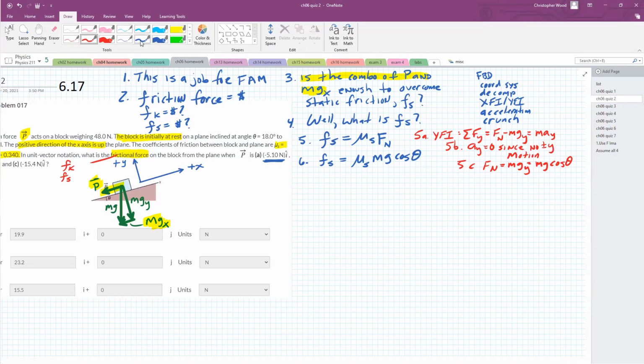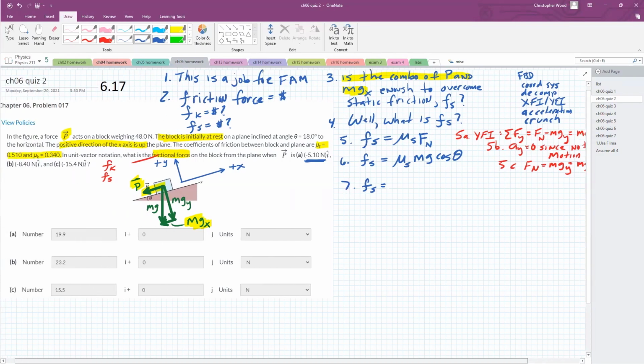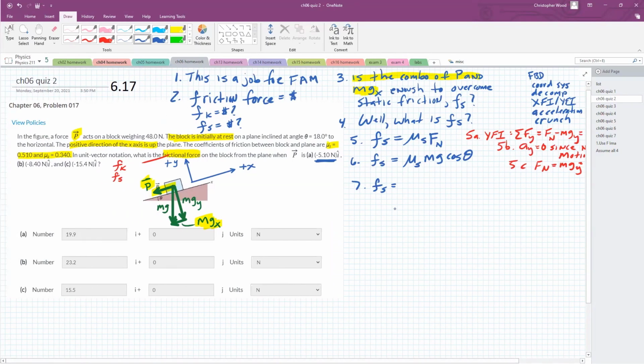So here's how much static friction we can cough up. Ready, set, go. F sub s equals mu subscript s, which is given as 0.510. Mu sub s is 0.510, with no units, times mg. I don't know m, but I do know mg.